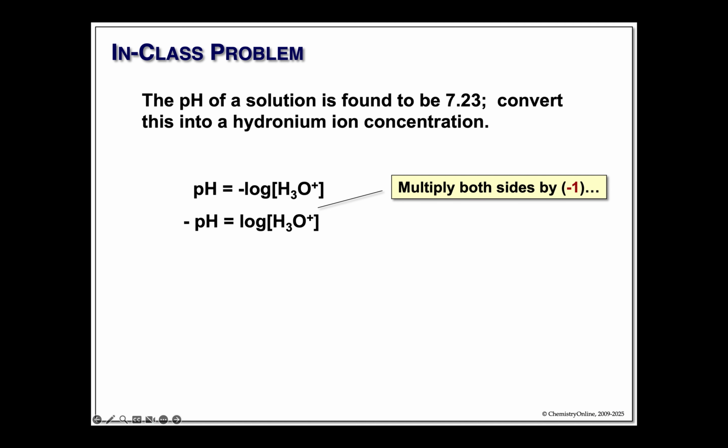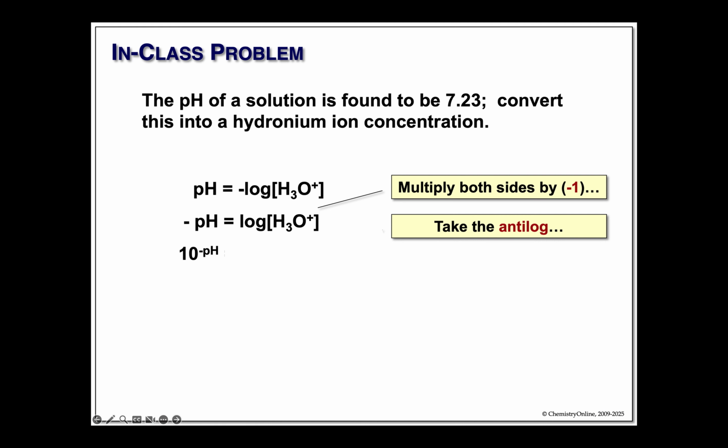Now, we are going to take the antilog of this equation. Antilog. Remember we said that the logarithm was just the exponent of 10. So the antilog of minus pH is simply 10 to the minus pH.